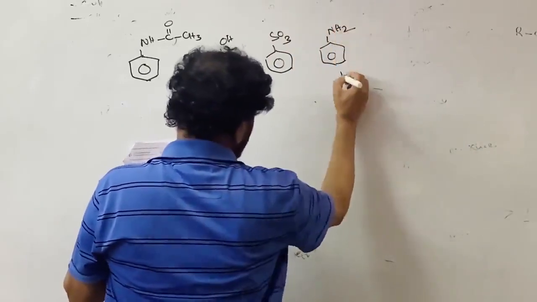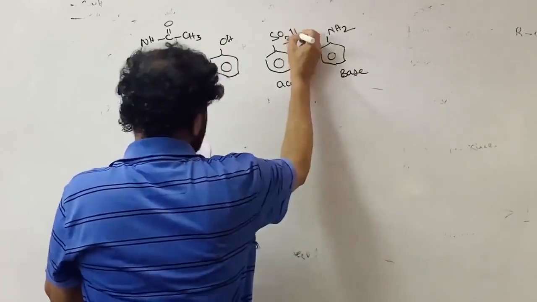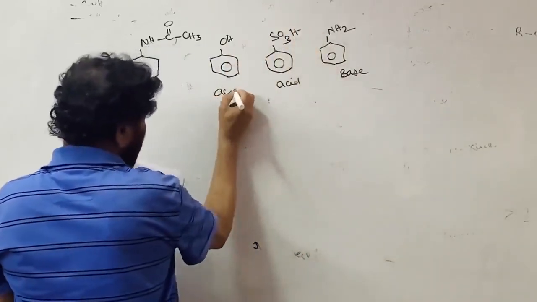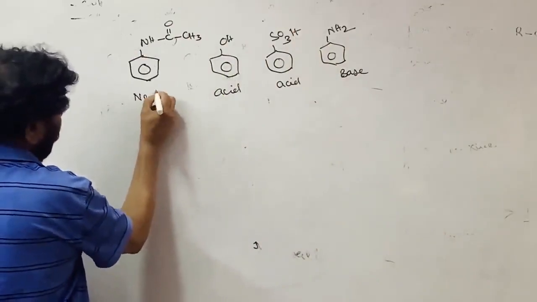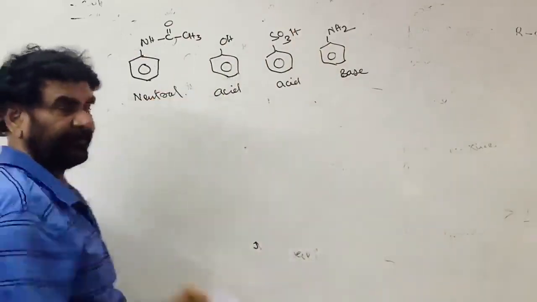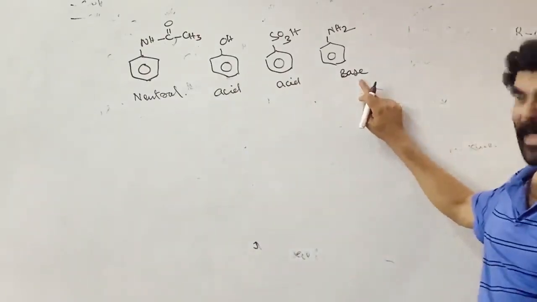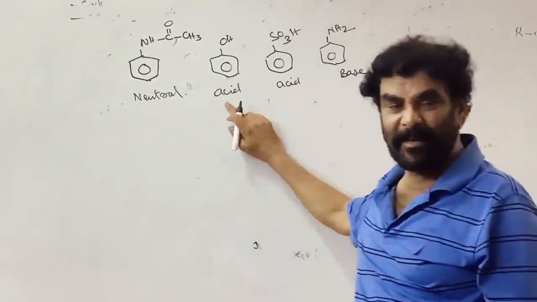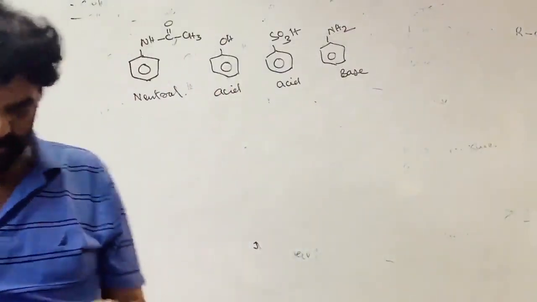This is base, this is acid. See, H is missing. This is acid, that is the neutral. The base reacts with the acid. These two are the acids, they react with the base. This is the neutral, it has no reaction.